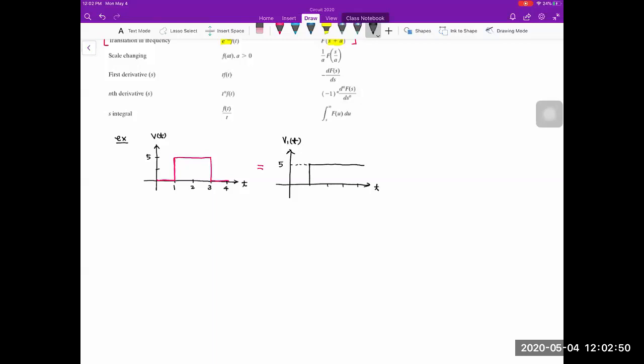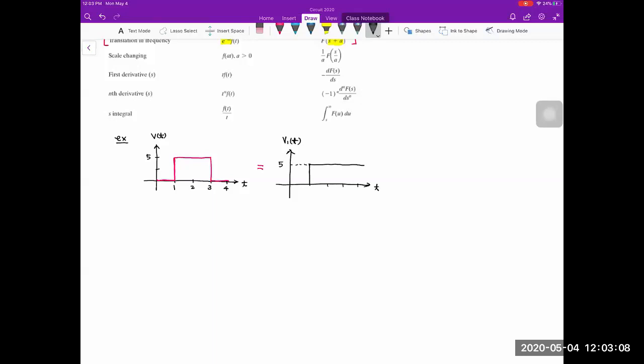What is this called? This is a unit step function. This is not a unit step function, but this is 5 times the unit step function, because a step function is when you turn it on, it's going to go to infinity and the value will not change.